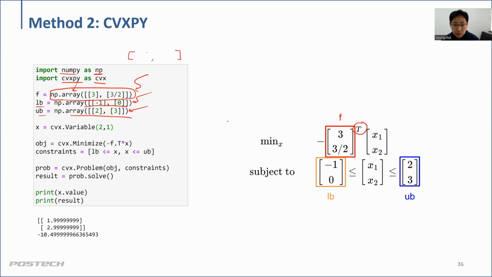And we have two unknown variables here. So cvx.Variable, remember we have to use the capitalized form. And this is the shape, 2 by 1. Remember, it really depends on the version of CVXPY that you use.